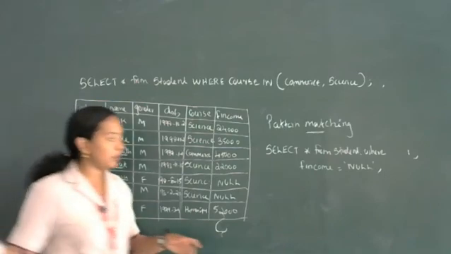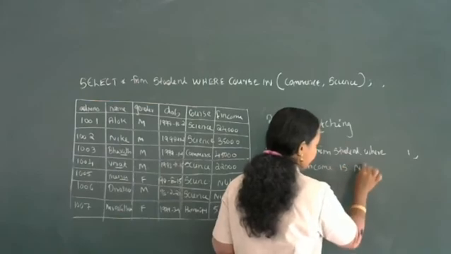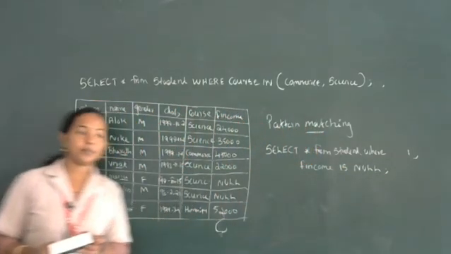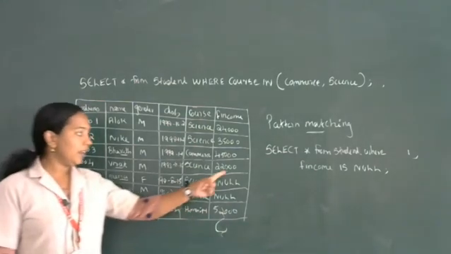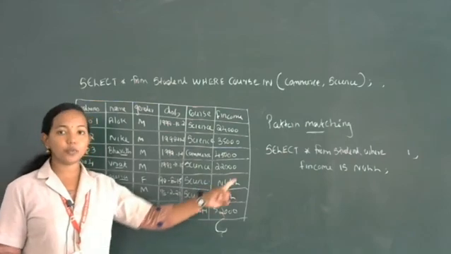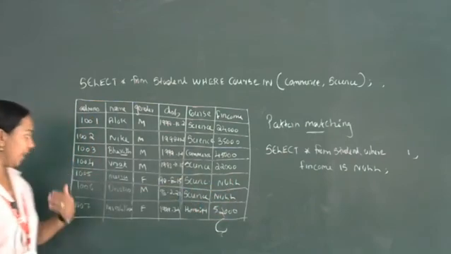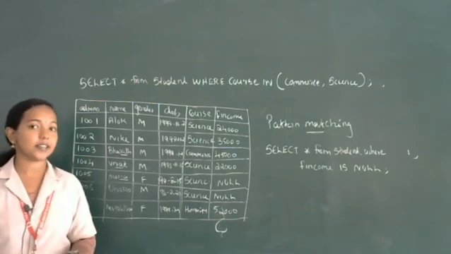Here I am not going to write equal to; F income is null. Then what will be the result? In this table, 2 rows have the value null. So as a result, we will get 1005 and also 1006.